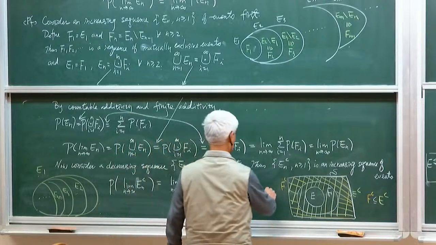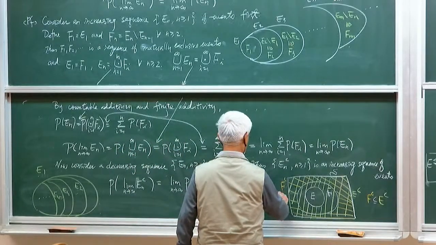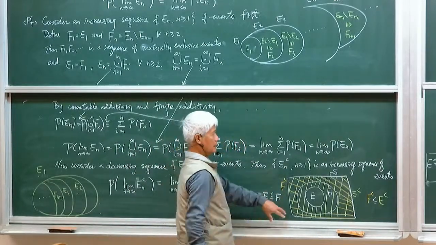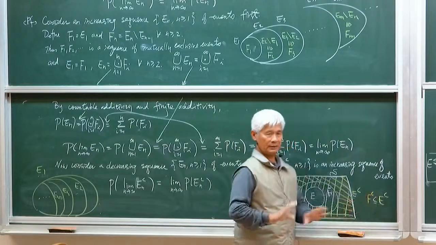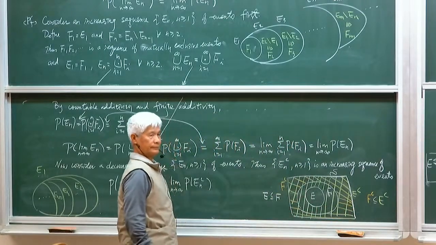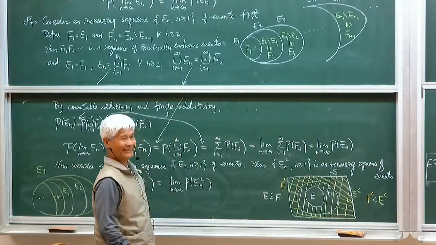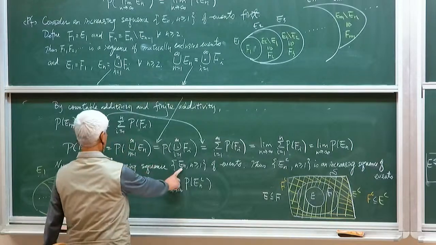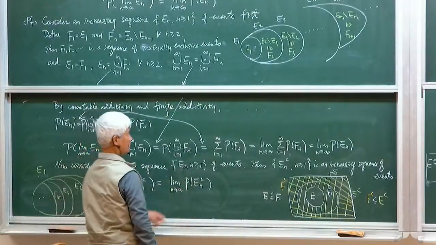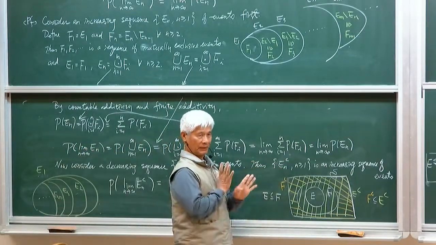In here, E is smaller, but E complement becomes bigger. Okay. So if En is decreasing, then the complement of En becomes increasing.